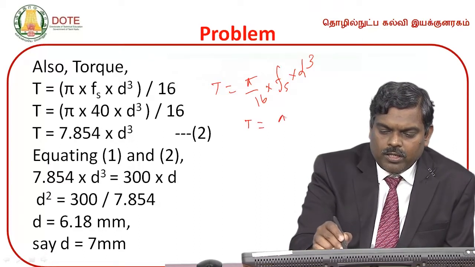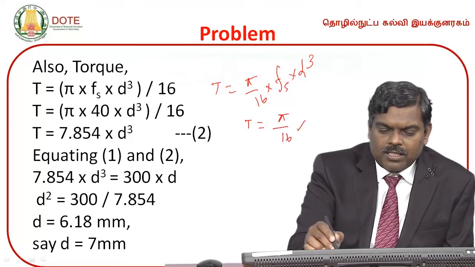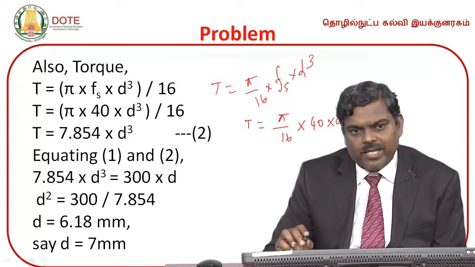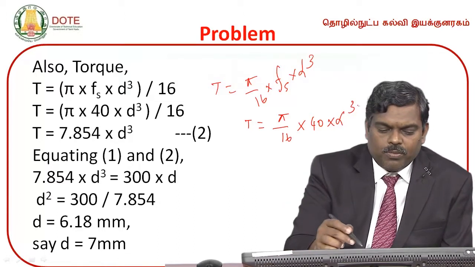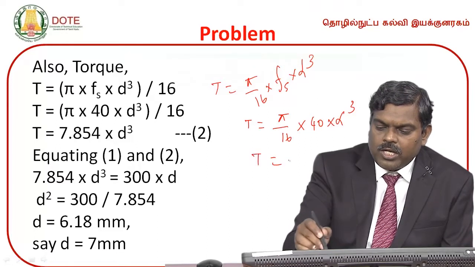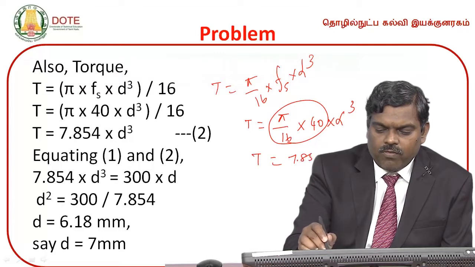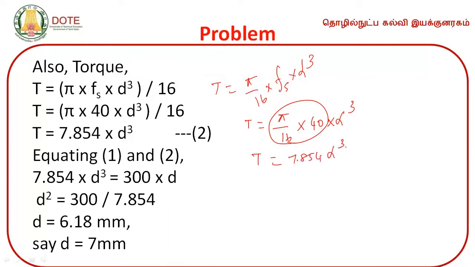T is equal to pi by 16, sigma s கொடுத்துருக்காங்க. எவ்வளோ கொடுத்துருக்காங்க? 40 into d cube. எவ்வளோ நமக்கு? We don't know the value of d. d தான் கண்டுபிடிக்கணும். அப்போ இதை சப்ஸ்டியூட் பண்ணும்பொழுது நமக்கு என்ன கிடைக்குது அப்படின்னா T is equal to, இந்த வேல்யூவை சிம்பிளிஃபை பண்ணும் பொழுது 7.854 d cube அப்படின்னு கிடைக்குது. We can take this one as equation 2.